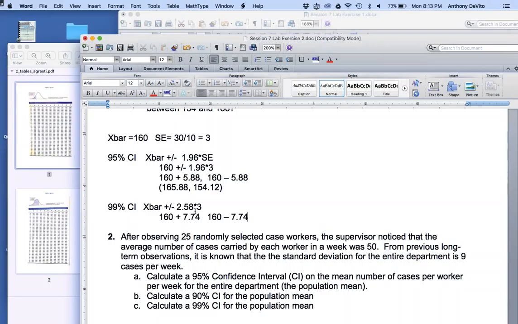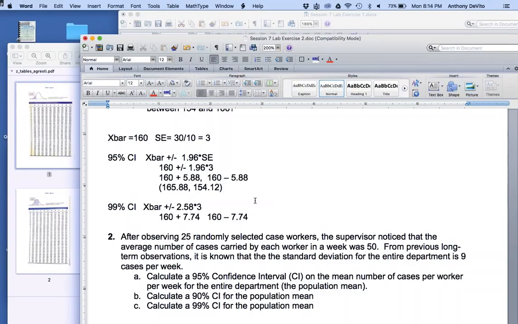Anybody know what the name of that is? Margin of error. There you go, right? Kind of sounds like a margin of error. So that's our margin of error. So we add and subtract our margin of error, which is the standard error times the multiplier, either 2.58 for 99% or 1.96 for 95%.